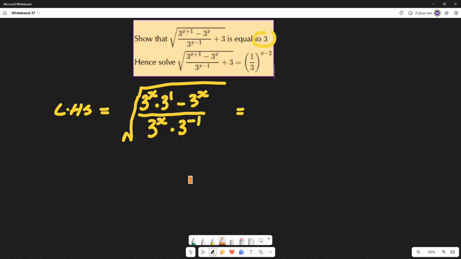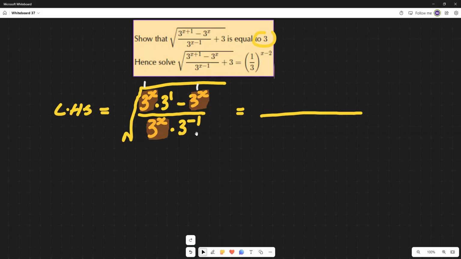Then, ladies and gentlemen, you always take out this one as your common factor. Only this one, the one with the variable x. It's your common factor. So we're going to do this. Where those were, you replace with 1. So here we're going to put 1, we're going to put 1, we're going to put 1. The one at the bottom, not necessarily, because it's just one term there.